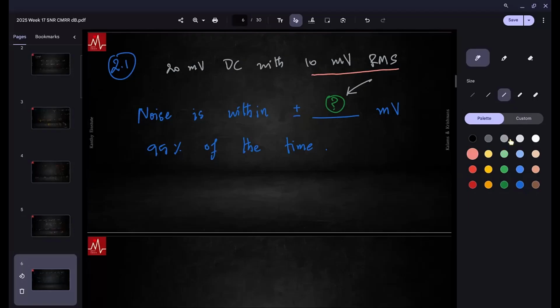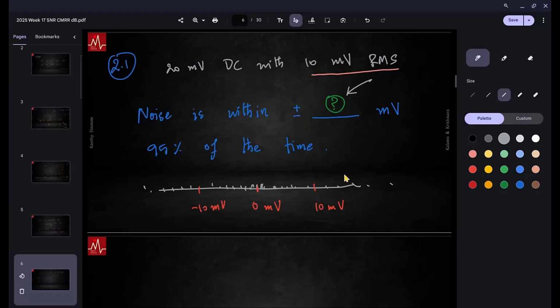So let's draw this. You've got 0 millivolts, then 10 millivolts, minus 10 millivolts. This RMS value is here most of the time. Data is here most of the time. Sometimes the data can also go outside of this.